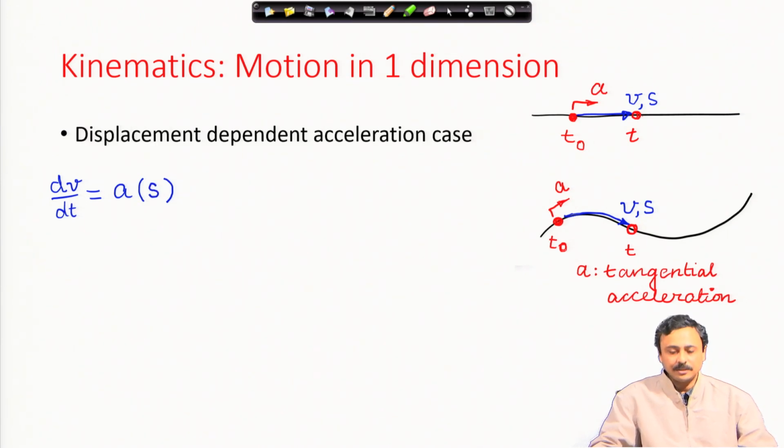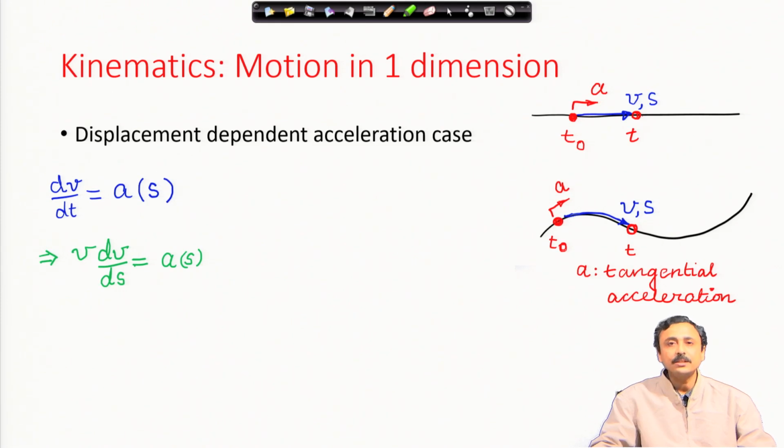Next is the displacement along the path dependent acceleration, so location dependent acceleration. So dv dt, acceleration, is a function of s, the displacement or the location of the particle. Here I again use the same expression of acceleration, dv dt I am writing as v dv ds, which I derived a moment ago, and that is equal to acceleration as a function of s.